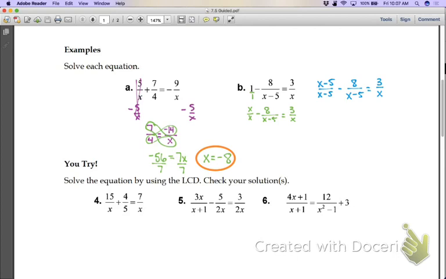I'll do both ways. With the one in green, if I subtract x over x from both sides, then I'm going to have negative 8 over x minus 5 equal to 3 minus x over x.